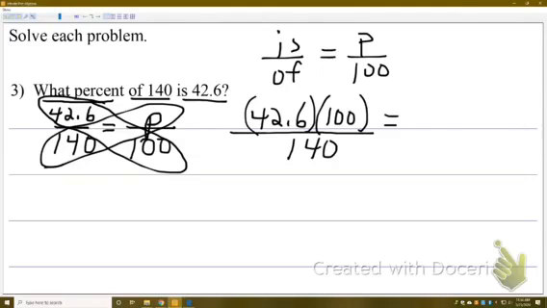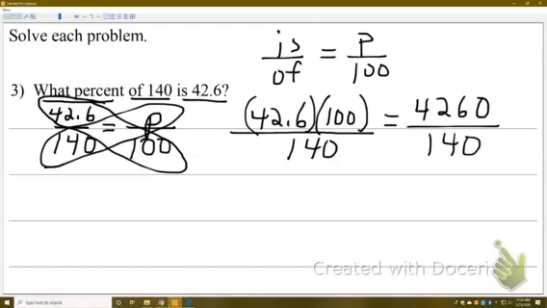But basically anything times 100 is just going to be moving the decimal 2 decimal places. So 42.6 times 100 is 4,260. Now divide by 140.